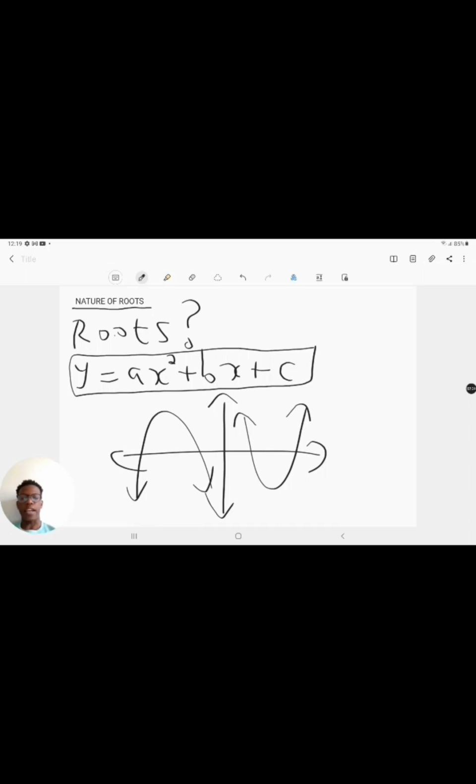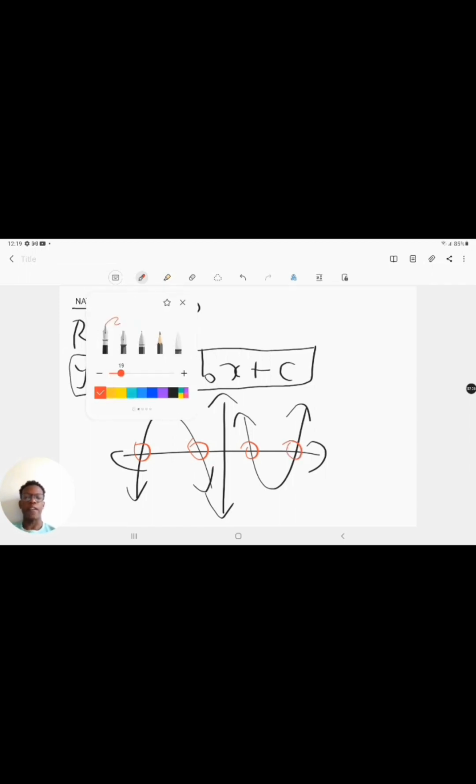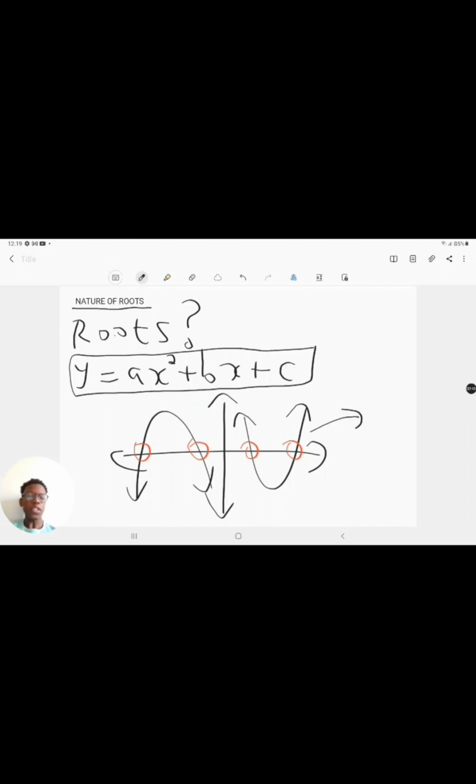You will notice that at those points where the graph intersects the x-axis, the value of y is 0. Those are basically your x-intercepts. The points I've circled in red are your x-intercepts. The x-intercepts are the values of x for which y is equal to 0.